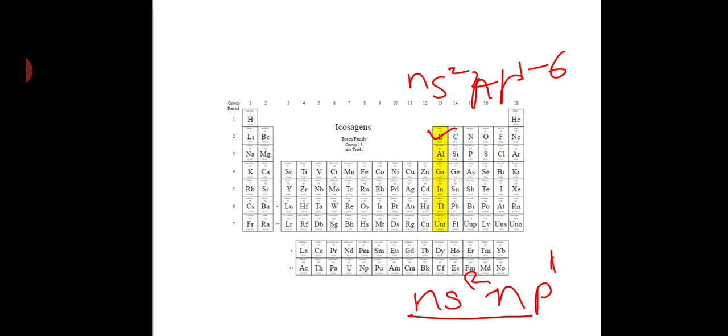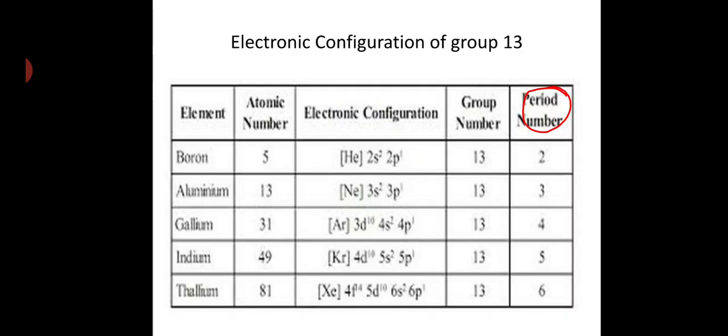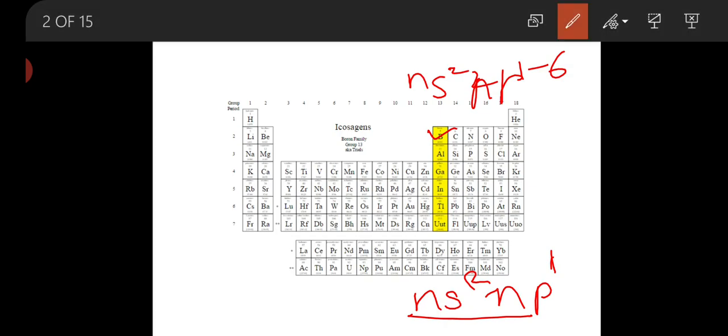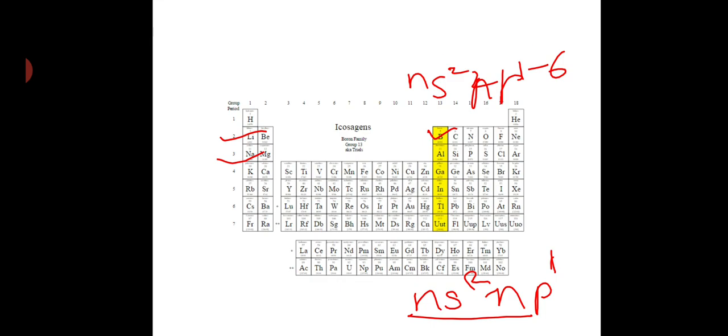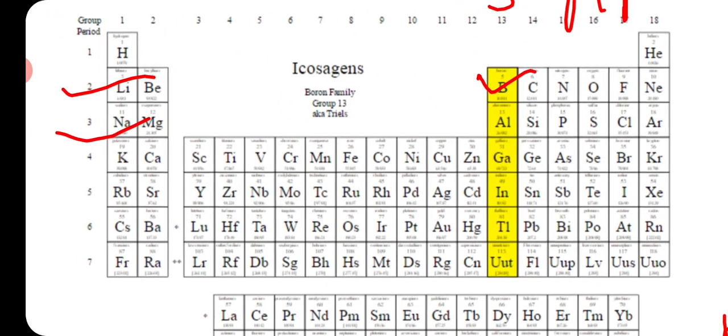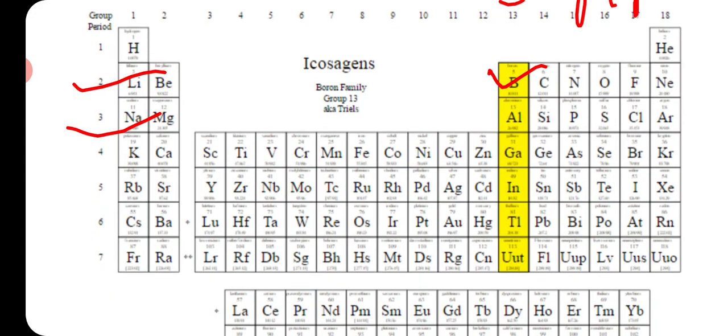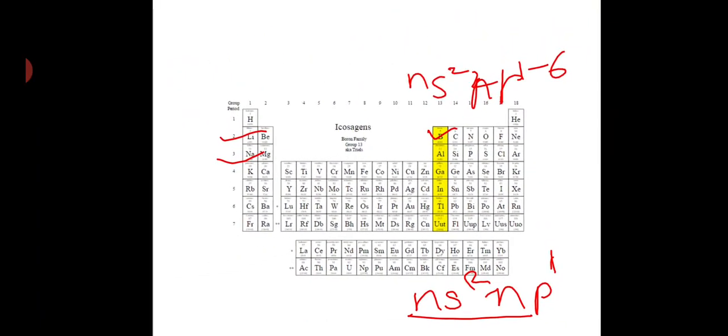Here you can see boron is present in the second period, aluminum in the third, gallium in the fourth, indium in the fifth, thallium in the sixth, and nihonium, a new element yet to be fully discovered, 113, is in the seventh period. This is the exact location.